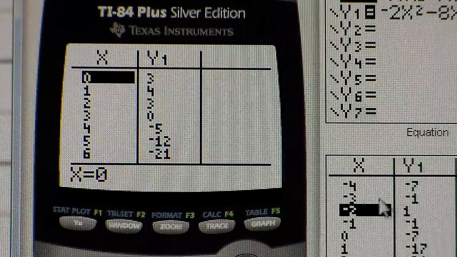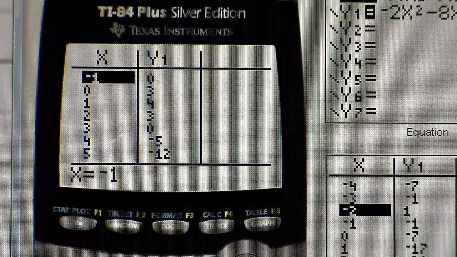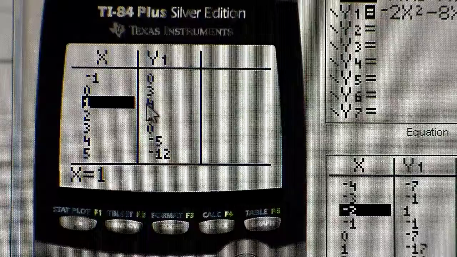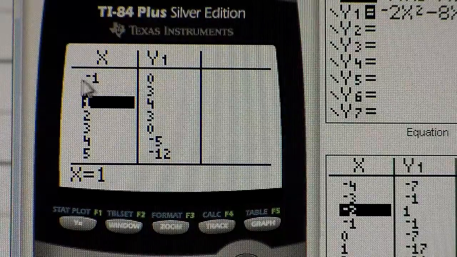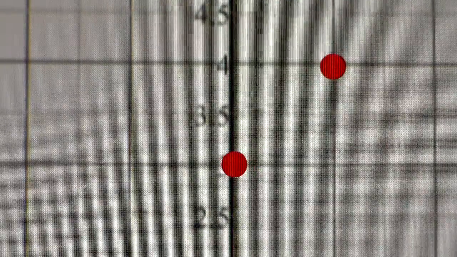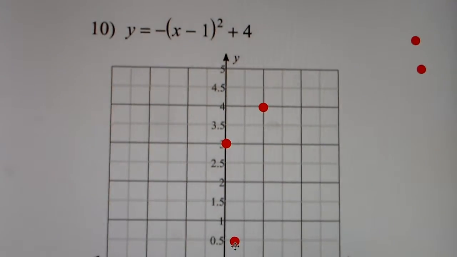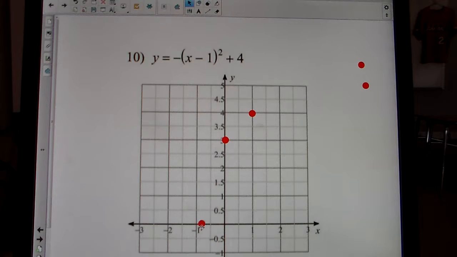Let's find the table. We know it's 1 to the right. So our first coordinate's 1, 4. Then we have 0, 3, and negative 1, 0. So 0, 3. And then negative 1, 0.